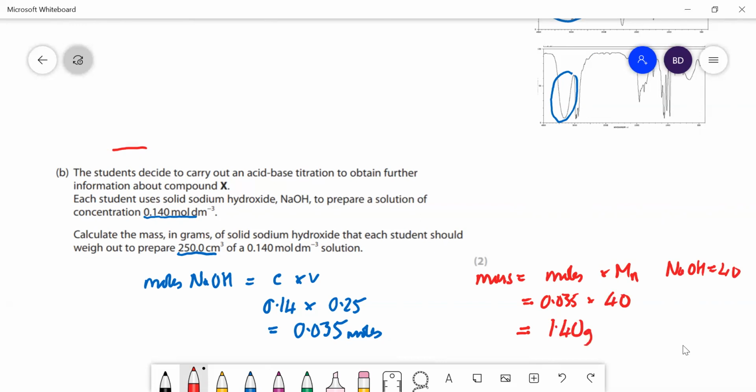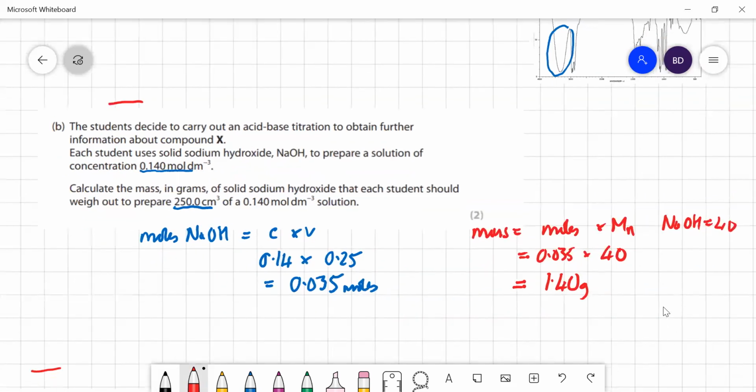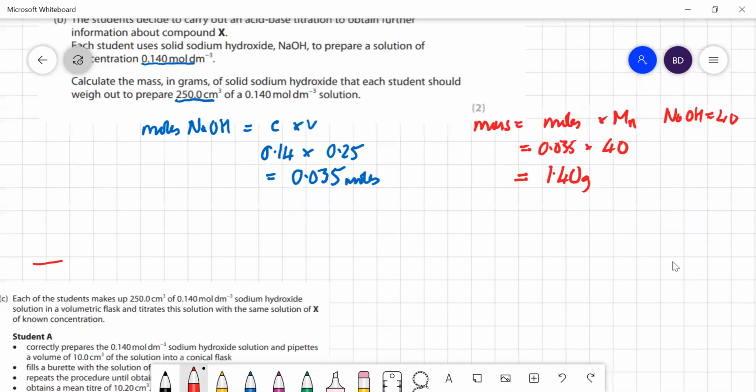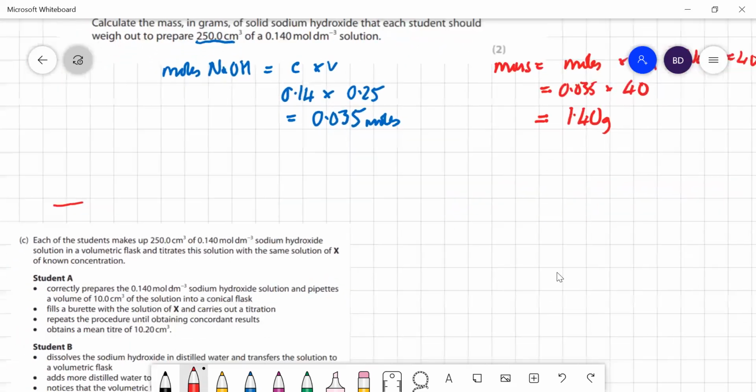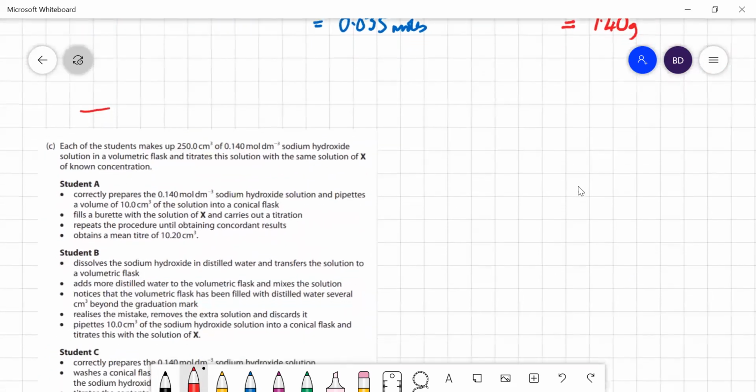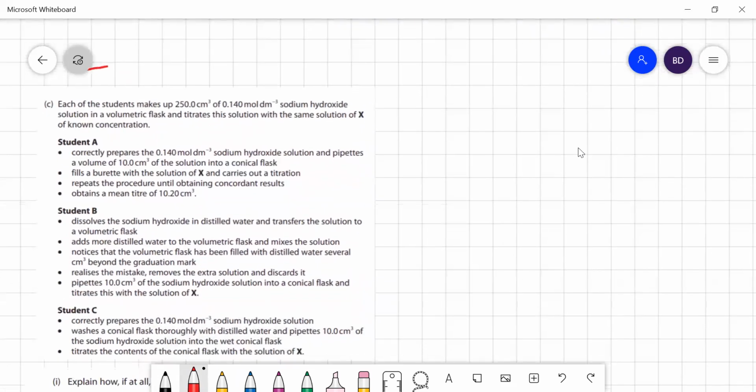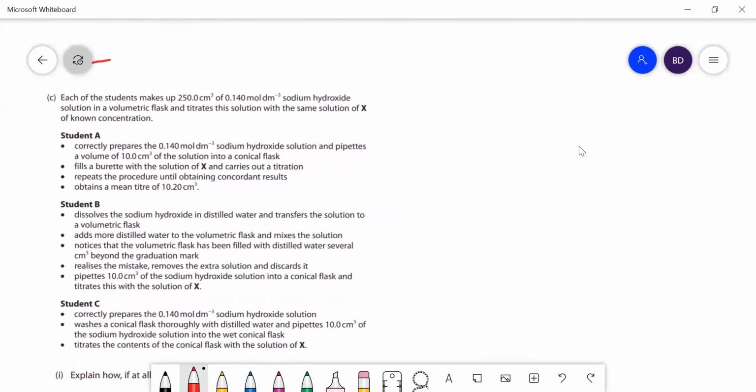Okay, next part of the question then. So this is what the students did, and there's a bit of detail here. Each of the students makes up the standard sodium hydroxide solution and titrates it against the same solution of X of known concentration.